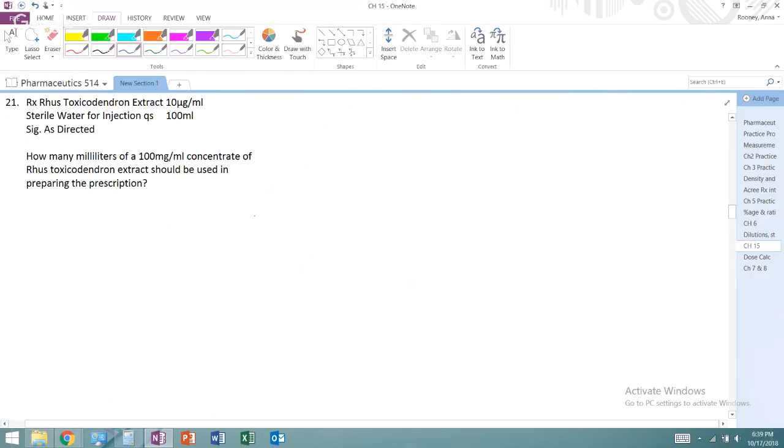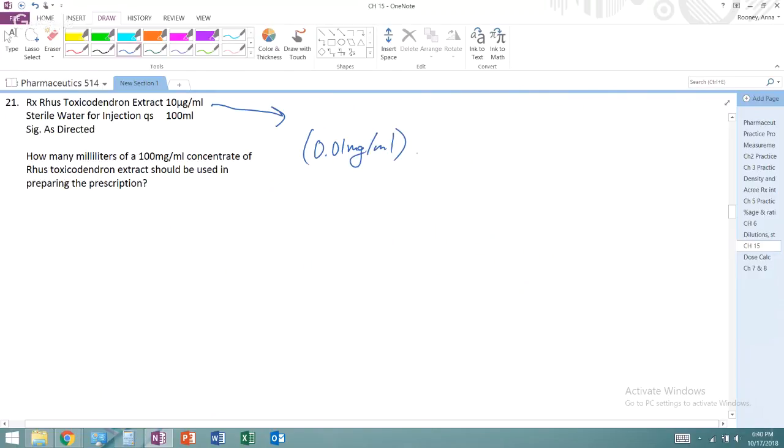Okay, so I am going to convert this to milligrams per milliliter, which is going to be 0.1 milligrams per milliliter.